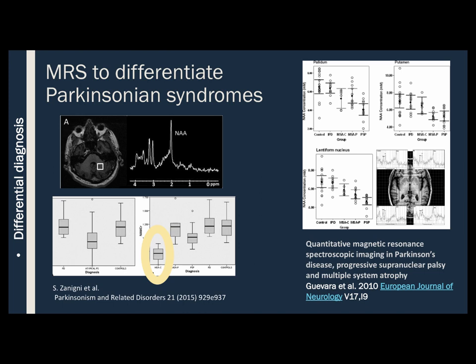That is based on the fact that multiple system atrophies are at the beginning very similar to Parkinson's, and sometimes it may be hard to make the diagnosis.